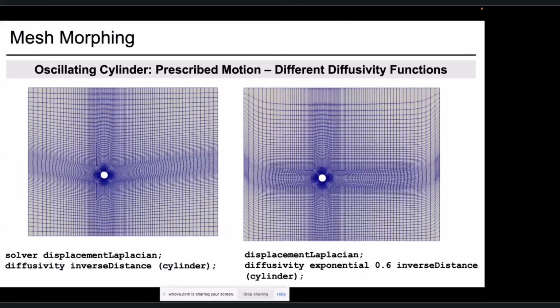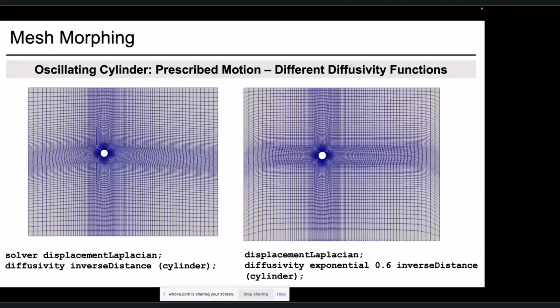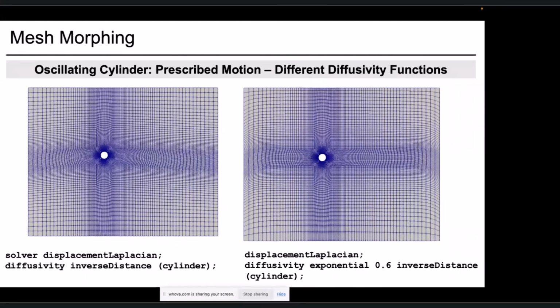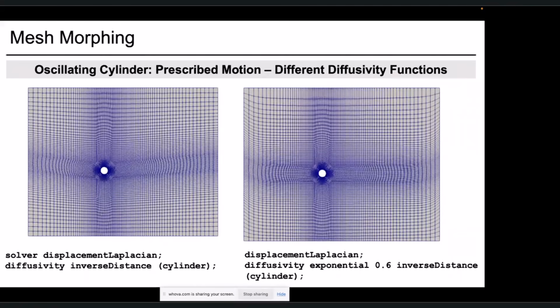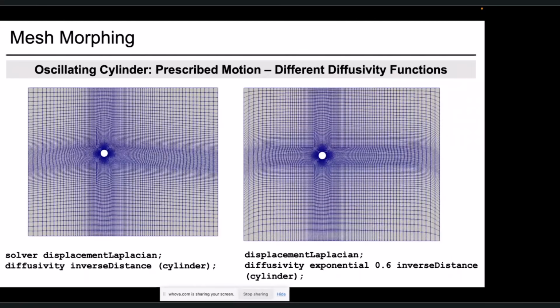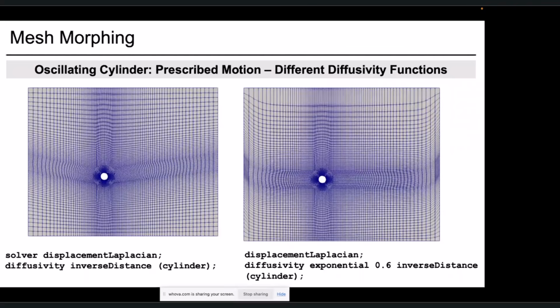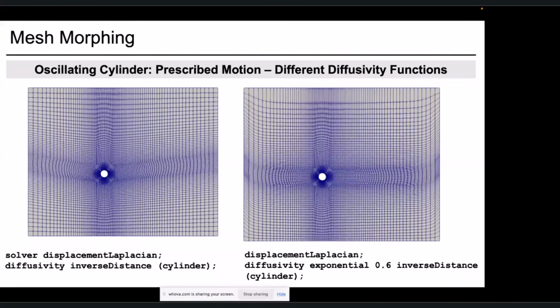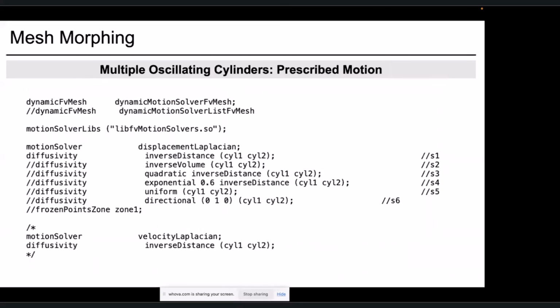And as you can see, sorry, I think it's exponential, yeah. So as you can see, in the second case, the quality of the mesh is worse, but it is subject to the problem that you want to solve. So you have to choose these different diffusivity models based on the physics that you want to capture, and you have to try and see what type of diffusivity model works better for the particular application that you want to simulate.